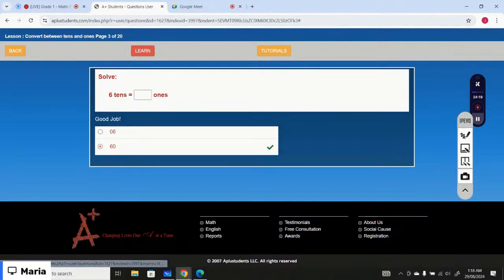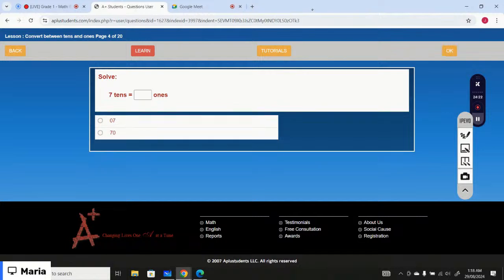Option number 2 is the correct option. 7 tens equal how many ones? 7 tens equal 70 ones. Option number 2 is the correct option.